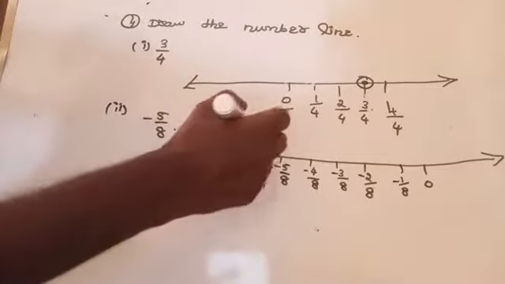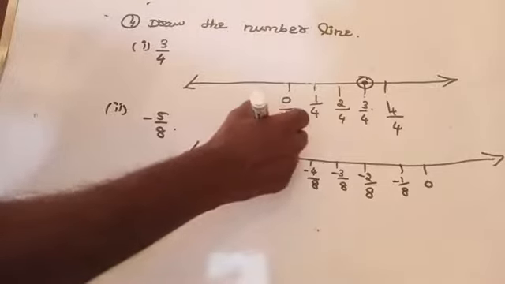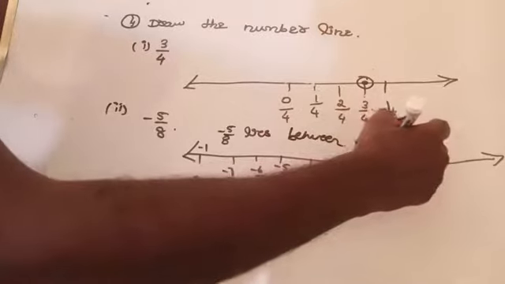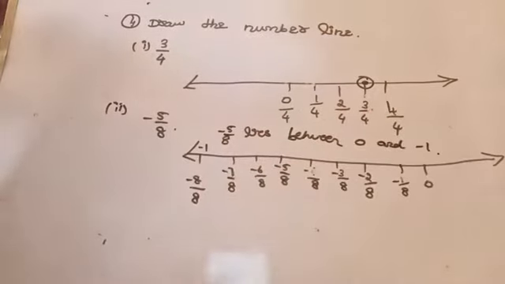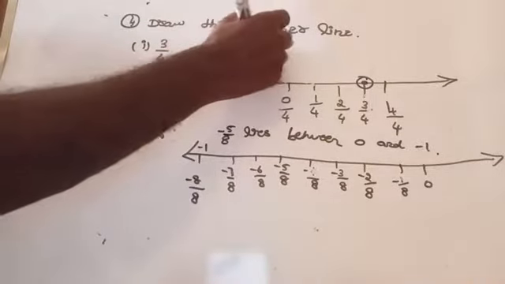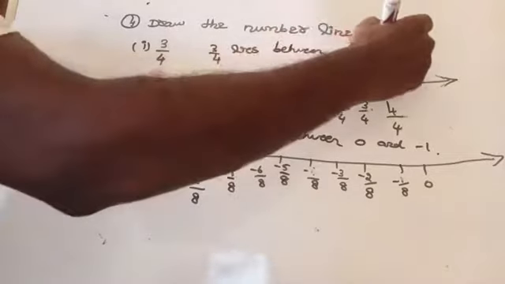Minus 5 by 8 lies between 0 and minus 1. Here 3 by 4 lies between 0 and 1.